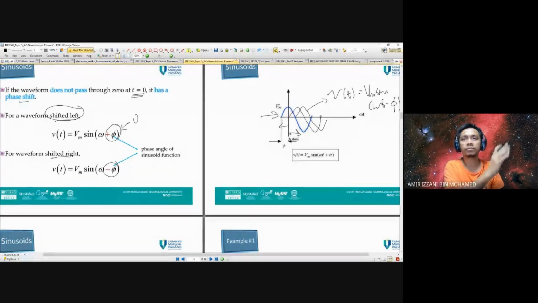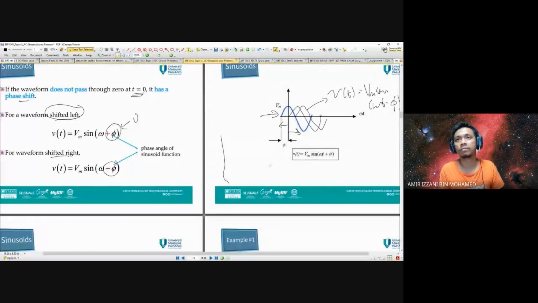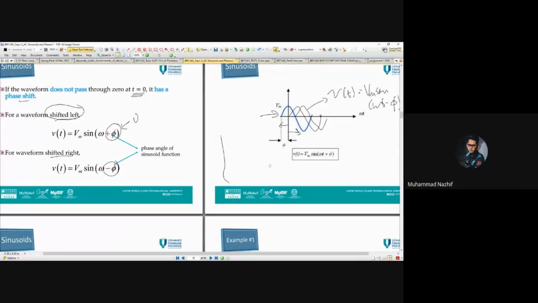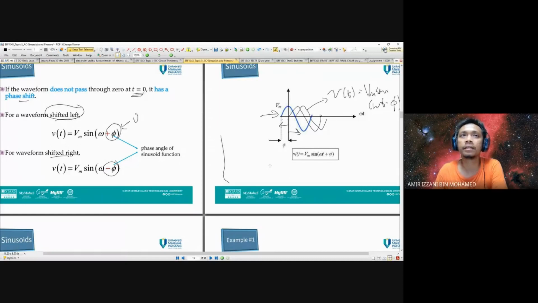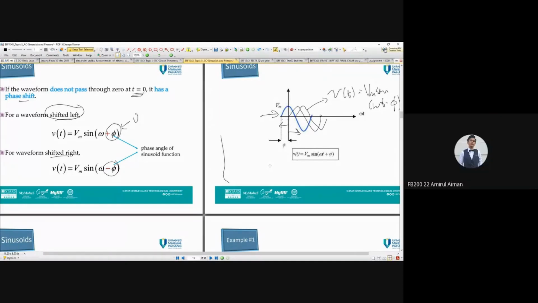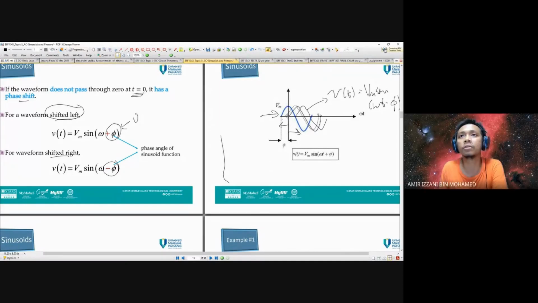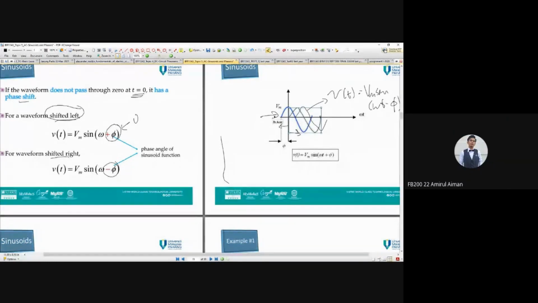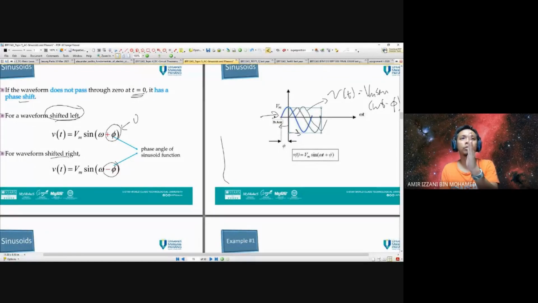Moving to the left is plus. The reference point is at 0, so you refer to the zero. 0 means no phase shift, no phase angle. From 0 to the left is negative, to the right is positive.